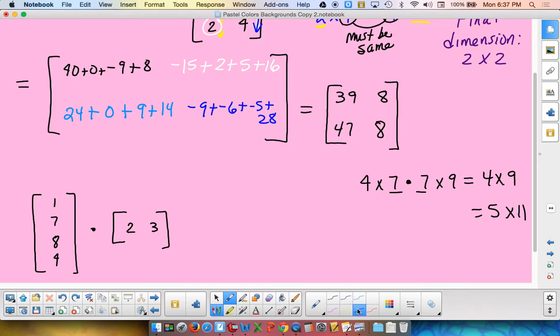Well, the key thing is, where do I know the 5 and the 11 have to go? The 5 has to be the first number in the opening matrix, and it's got to be the last number in the second matrix. And what do I know about the 2 in the middle? I know they've got to be the same, so you can pick virtually any number you like. It could be a 5 by 3 and a 3 by 11. It could be a 5 by 9 and a 9 by 11, but that's going to give me a 5 by 11 answer. So you can always predict what you're going to get.